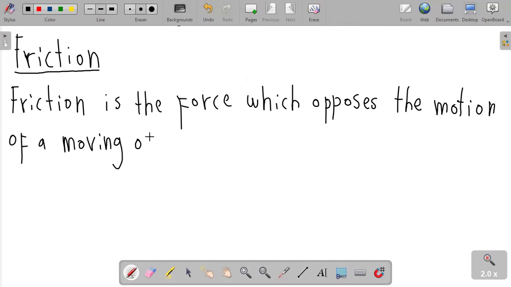So meaning it's on a rough surface, it's not on a smooth one. If the surface is smooth, it means there is no friction.